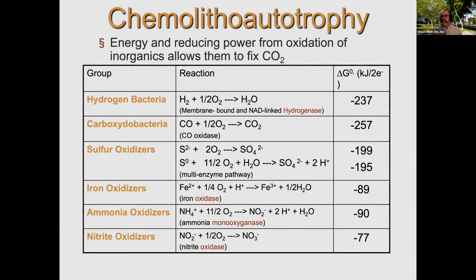So chemicals and rocks, right? They get their energy from the rocks, but where do they get their carbon? What's their source of carbon? Carbon dioxide? Exactly. So just like plants or phototrophs, these guys are able to fix CO2.